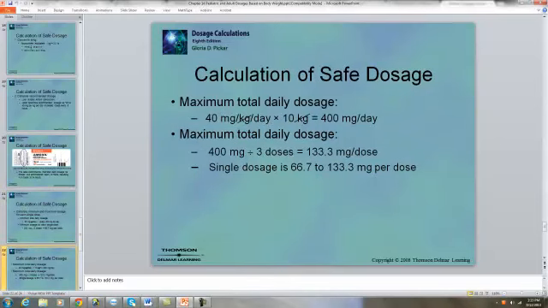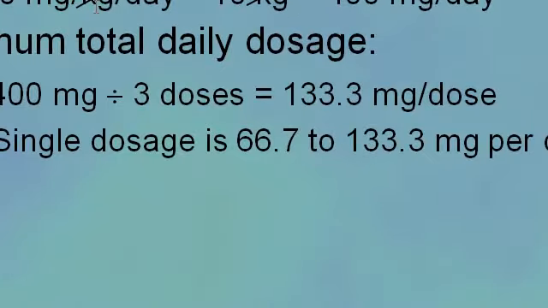The maximum at 40 milligrams per kilogram per day times the child's weight would be 400 milligrams per day. You divide that by 3 and you get 133 3/10 milligrams per dose.